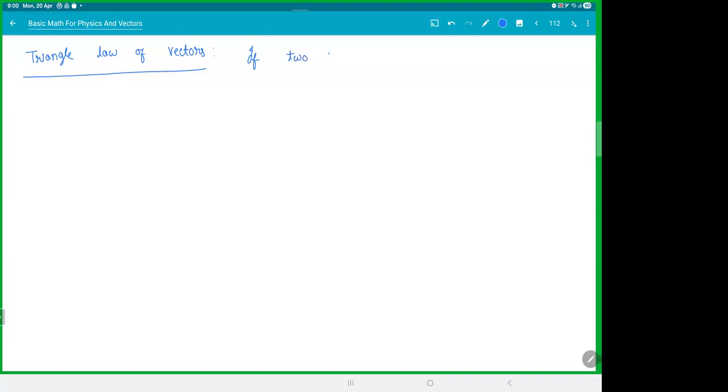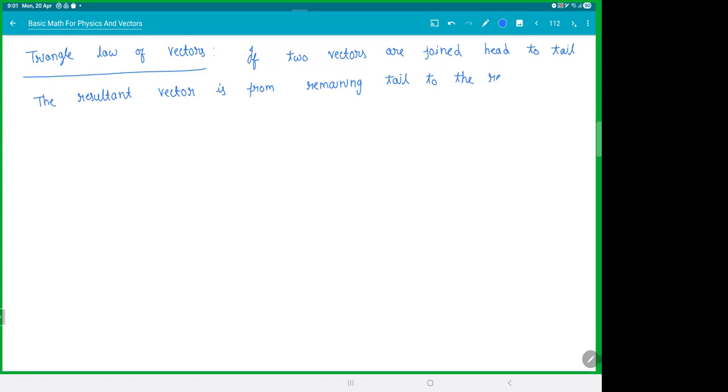So what this says: if two vectors are joined head to tail, the resultant vector is from the remaining tail to the remaining head. Yeah, I'll show you the picture. Don't worry, it looks weird.